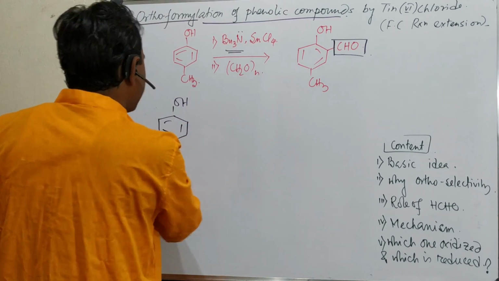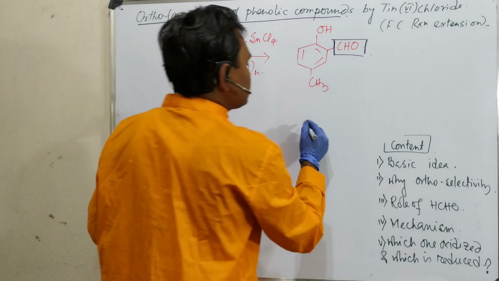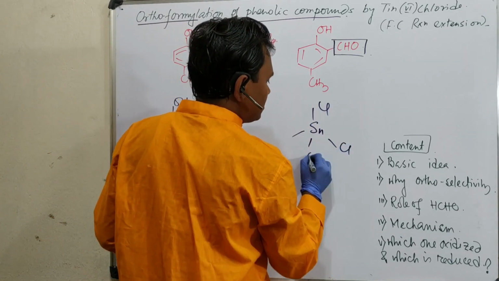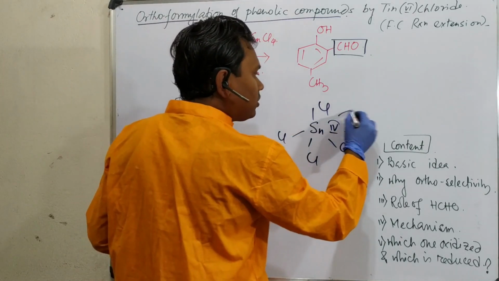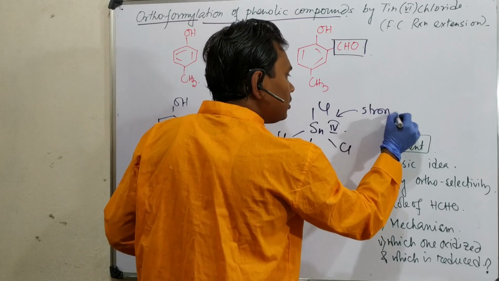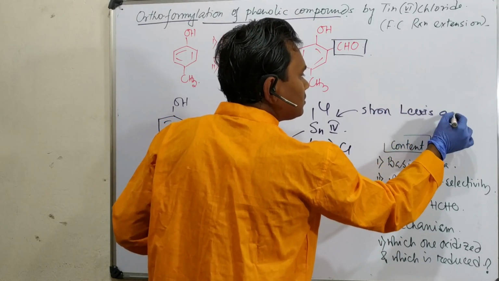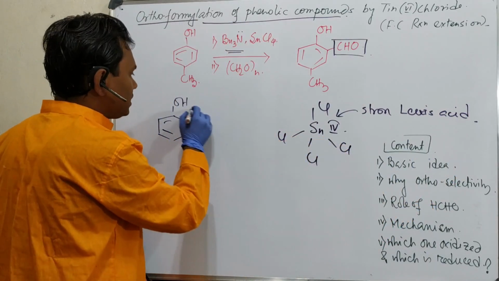In stannic chloride, SnCl4, tin is in the +4 oxidation state. So it's a strong Lewis acid. Consequently, what happens if you put SnCl4?